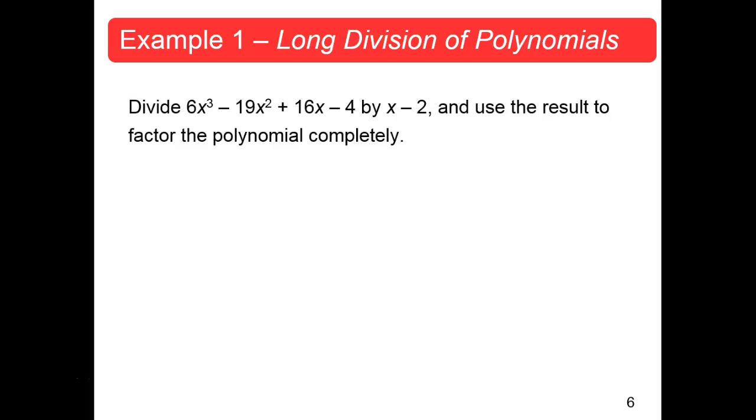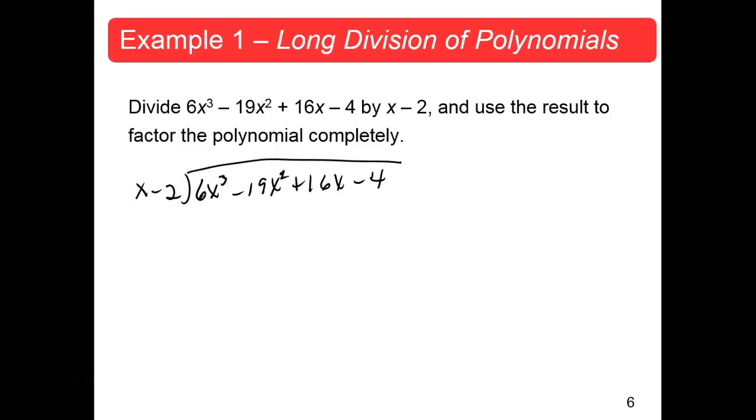Now, the big number, the one that says divide, that's called the dividend. That goes inside the house: 6x cubed minus 19x squared plus 16x minus 4. And then outside the house, what you're dividing by is x minus 2.